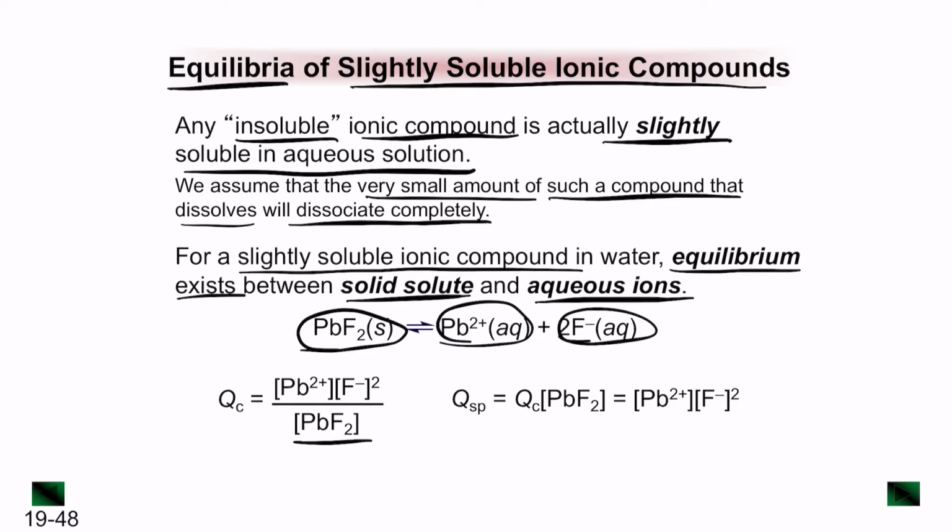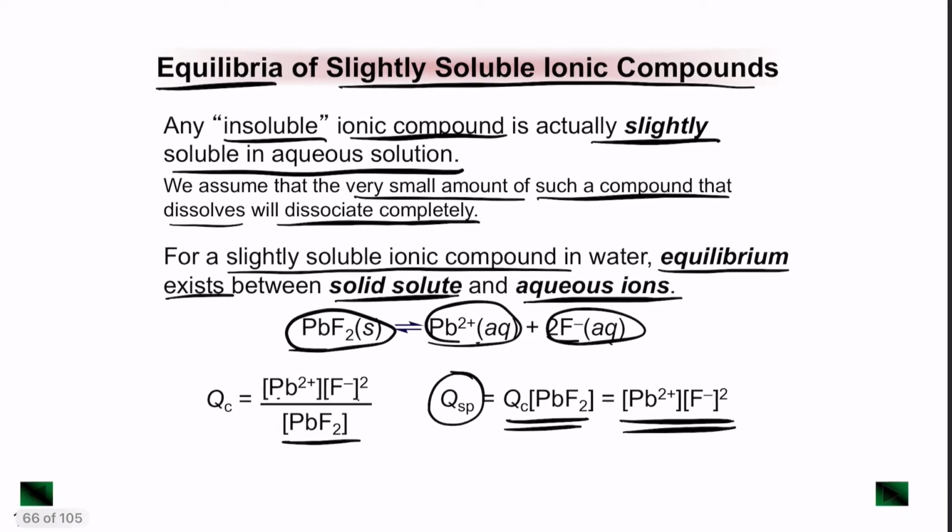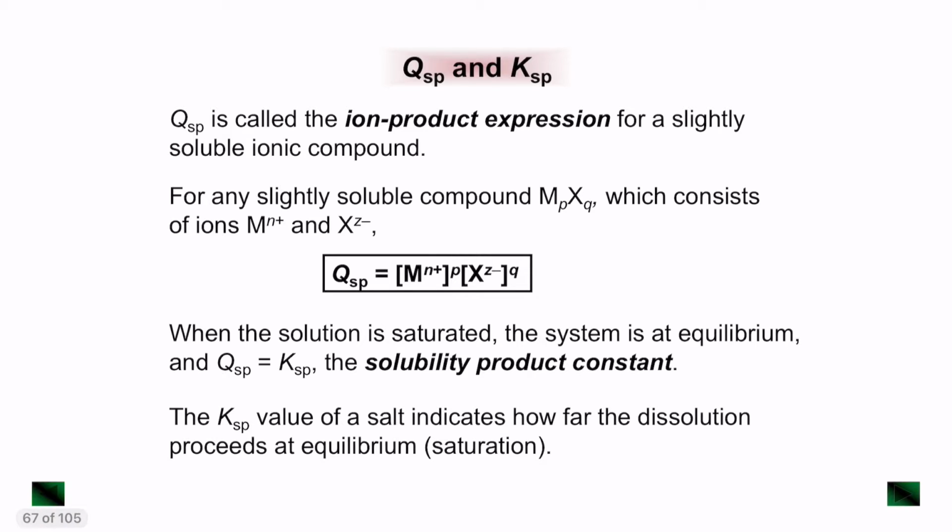So we use another quantity called the solubility product, which is the product of the ions, so the concentration of the ions in the Qc value, which can be written as Qc times PbF2, which gives you Pb2 plus times F minus squared. So what is this Qsp?